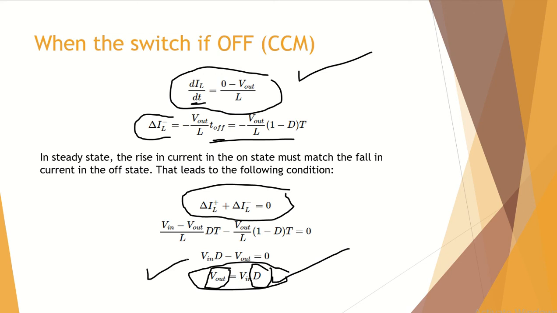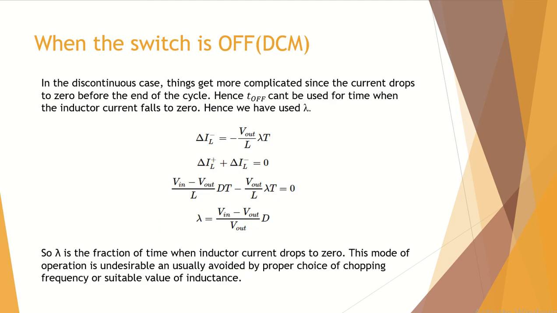So this is for continuous current mode. If we go to discontinuous current mode, things get more complicated because the current drops to 0. So we cannot use the off time. In the previous case we used the off time, but here we cannot, because we don't know after what time the inductor completely discharges.